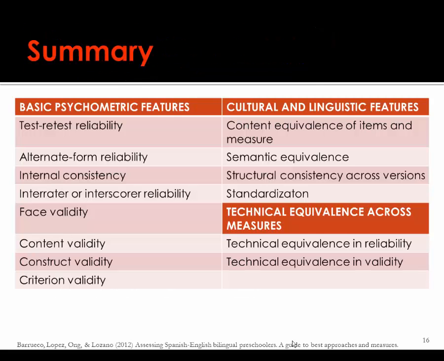So on this table you can read the summary of the basic factors that we need to consider, the basic features. So we have basic psychometric features, cultural and linguistic features, and then we need to look at the technical equivalence across the measures.